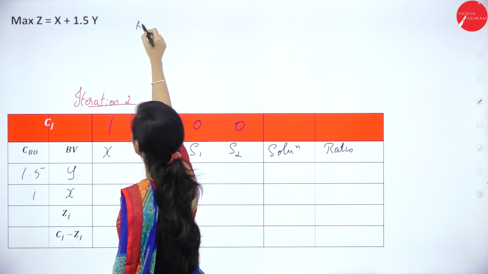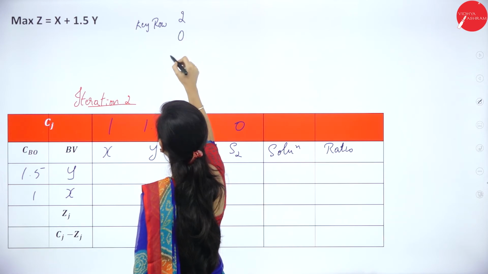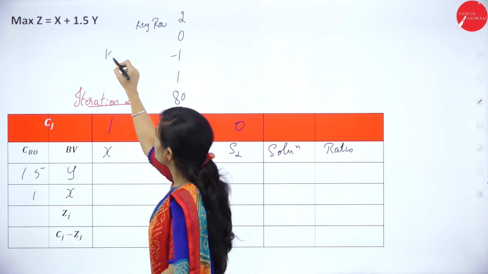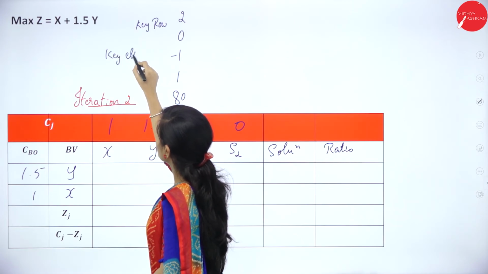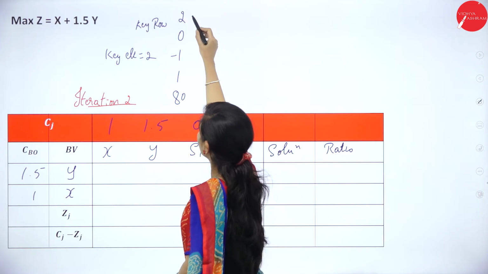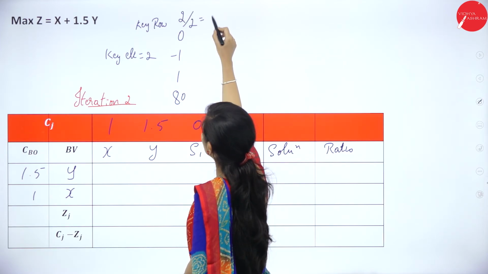Key row: 2, 0, minus 1, 1 and 80. So the key element is 2. How to find the new key row? Old value divided by key element. Old value is 2, key element is 2, it is 1.